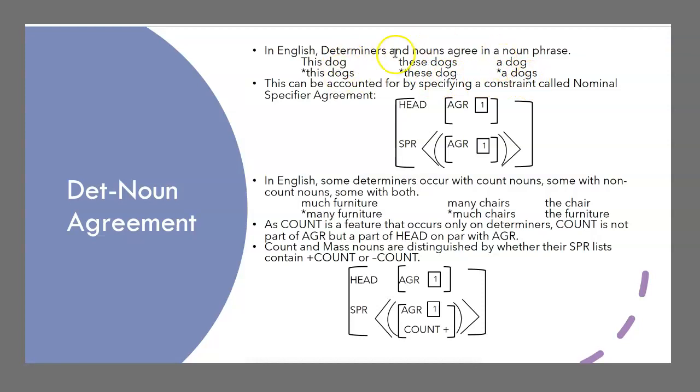So in terms of number, there is agreement between determiner and noun. There is no person agreement here. There is only number agreement between determiner and noun. This can be accounted for by specifying a constraint. We need a constraint now. The constraint, we call it nominal specifier agreement. Remember nominal? What is a nominal?